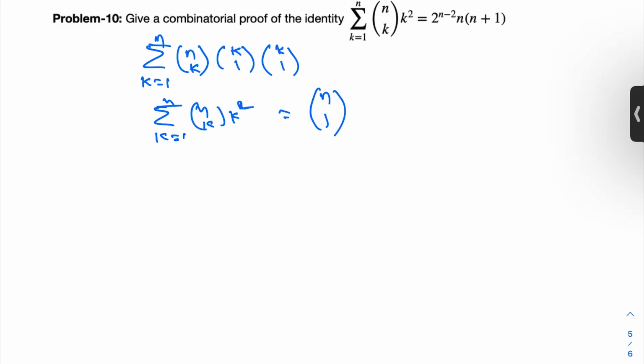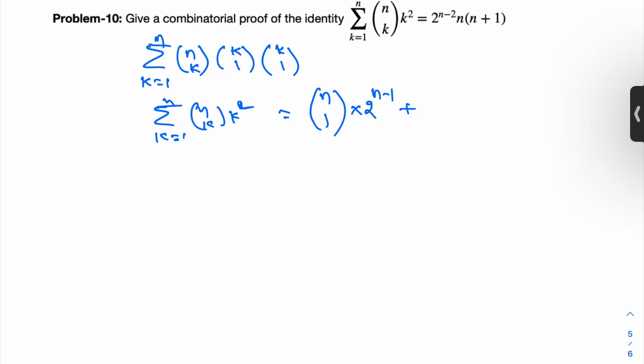Then we have to pick the remaining group. We want one group, right? That could be any subset of the remaining n minus 1 people. A set with n minus 1 elements will have 2 to the power of n minus 1 subsets. So the remaining group can be formed in 2 to the power of n minus 1 ways. Or we may first pick two people to assign the two positions.